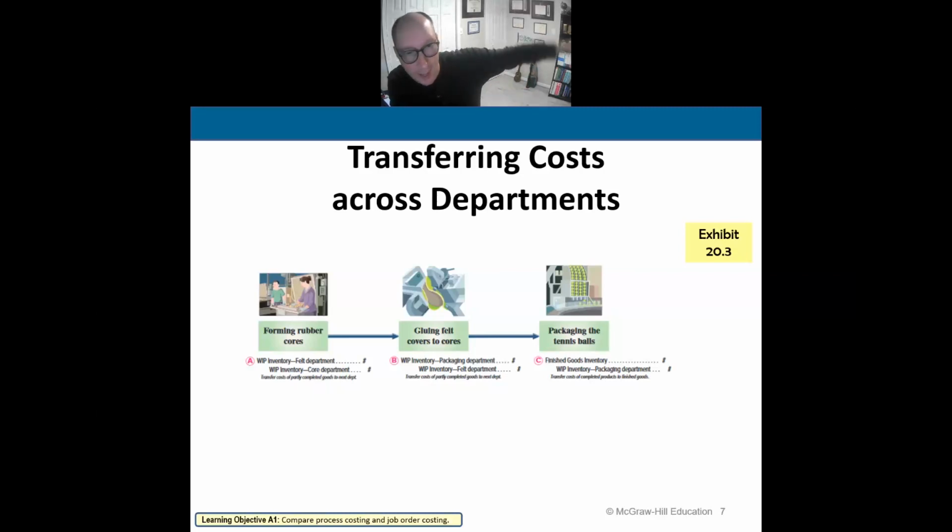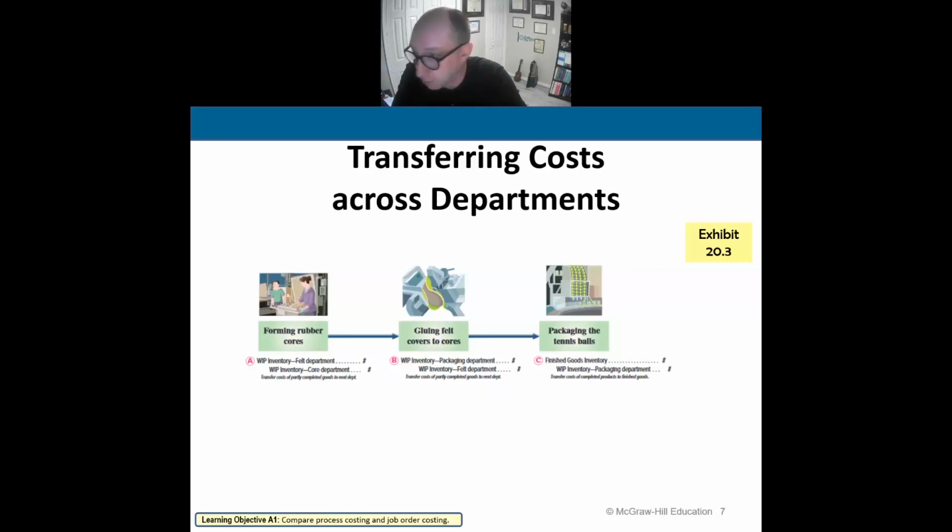And the way I do that is I debit work in process inventory, filling department. I credit work in process inventory, molding department. That represents the movement of the cost for the partially completed unit to the next department. And then I do the same thing again when it leaves the filling department to the packaging department. I add more, right?